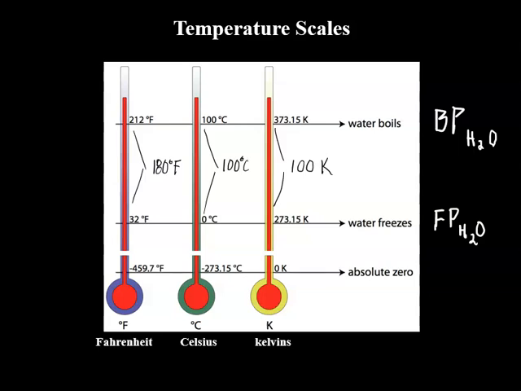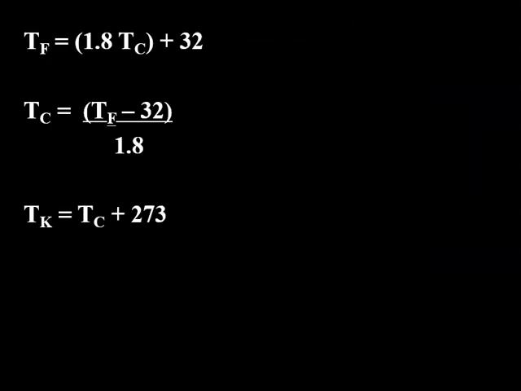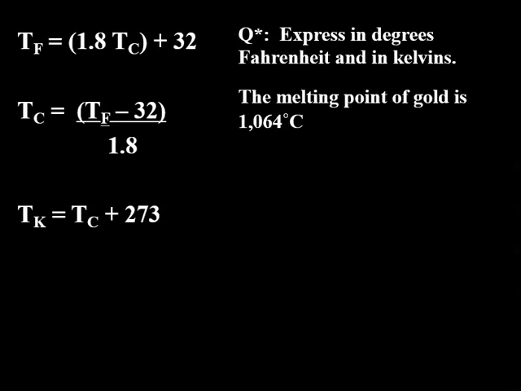If we subtract those two numbers, the boiling point and freezing point of water on the Kelvin scale, we get 100 kelvins. That means there's the same number of dashes on the Kelvin scale as on the Celsius scale, and that's going to make the conversion much easier. So we can determine the temperature in kelvins by taking the temperature in Celsius and adding 273 to it.